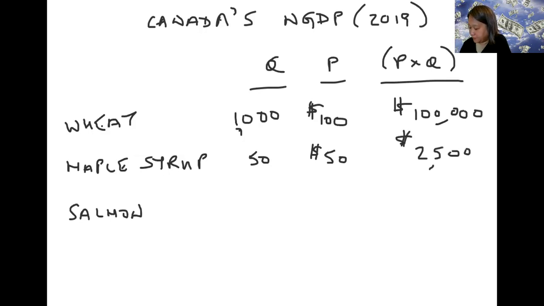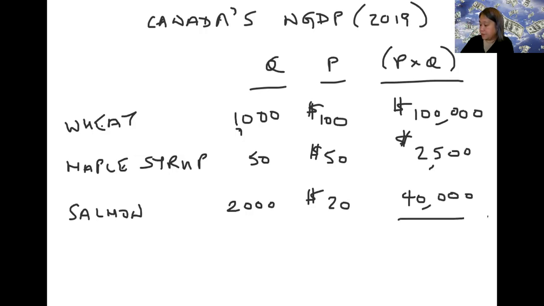And lastly, let's say we produce 2,000 units of salmon, and let's say it's valued at $20. So what is the value currently of salmon in 2019? So that is 40,000. All right, so now what we have done is we have calculated the value of these three goods.